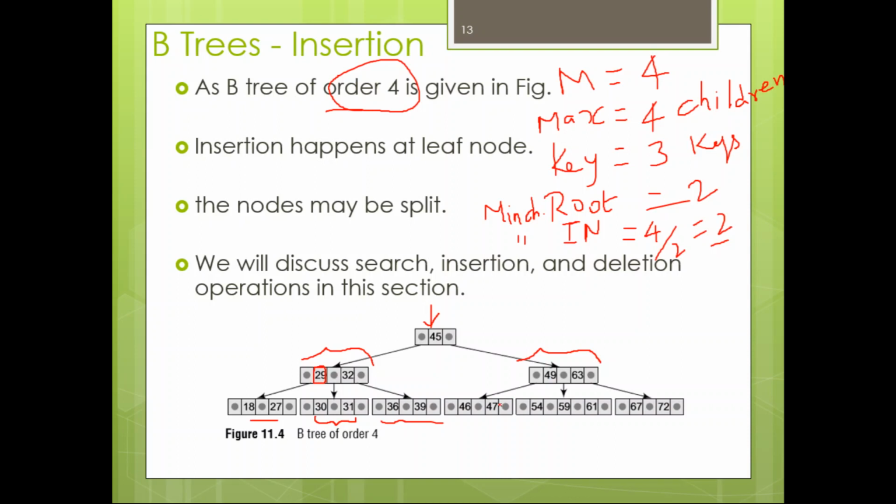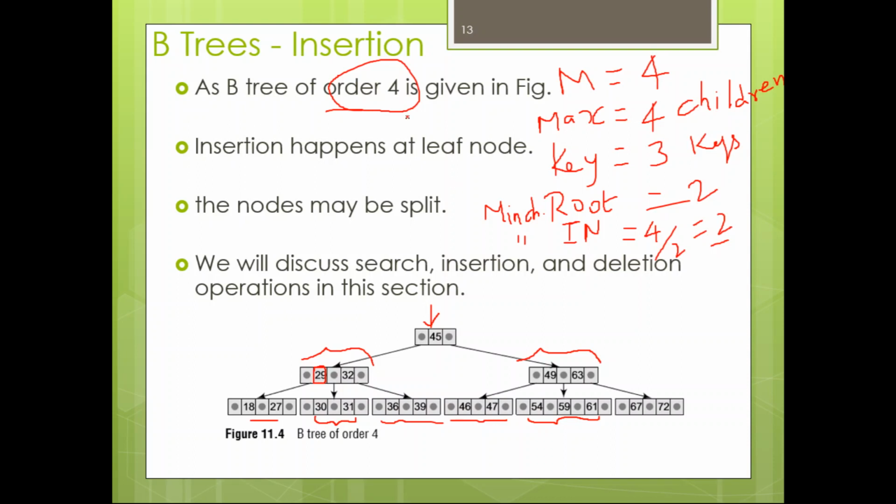Similarly, the pointer to the left of 49 is pointing to a node which contains the values 46 and 47, which are less than 49. The pointer after 49 is pointing to the node with the key values 54, 59 and 61, which are greater than 49 and less than 63. This node has three key values and 4 pointers, which is the maximum allowed.